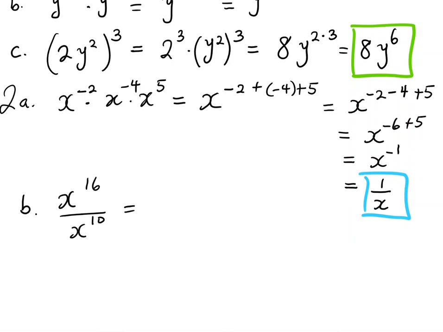Well, we know that is division and they have the same base. So that is the first thing you need to look out for, the same base, x and x. So that is x raised to power 16 minus 10, because this is division, so you subtract the exponent. And that is x raised to power of 6. So since this is a positive exponent, I will leave it like that.